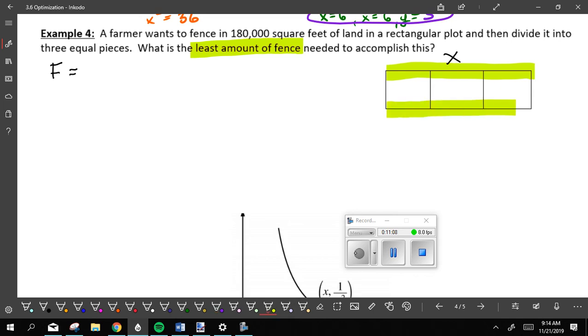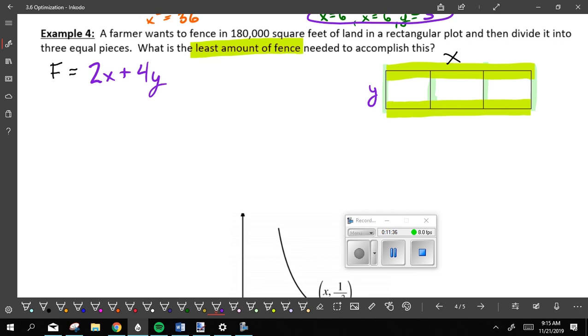I need 2 X's plus my Y value. So boom, boom, boom, boom. How many Y's do I need? 4. You can do what Angela said there. She said 6X plus 4Y. That works. I'm just going to get rid of a number because X is going to be that whole length of it. It just makes our numbers a little bit easier. So 2X plus 4Y, that's going to tell us the fence needed on this equation.